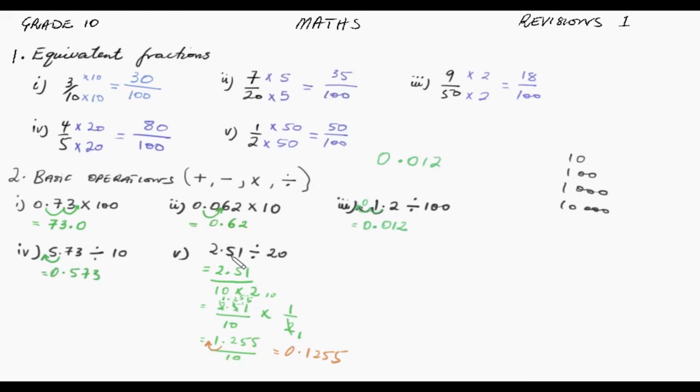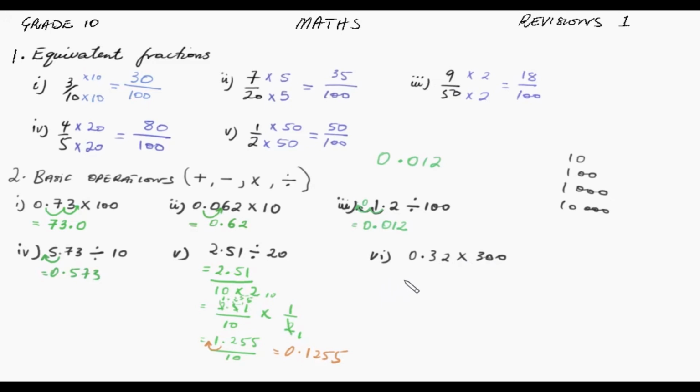Now, let's look at this one. How do you work out this one? Let's say you had 0.32 times 300.